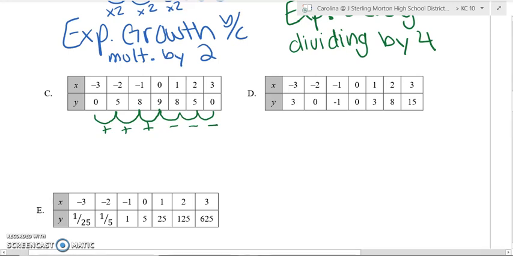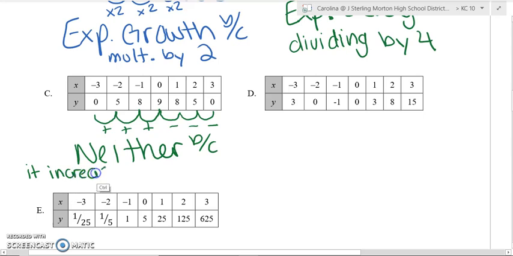So in this case, it's going to be neither, because it increases, but then decreases. Did not give myself enough space, but that's fine.